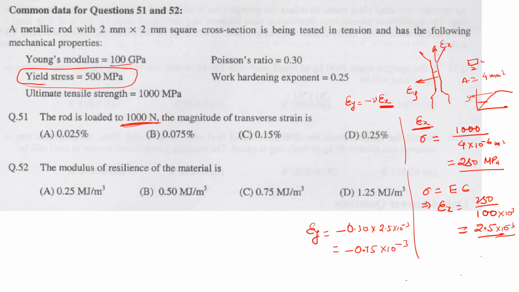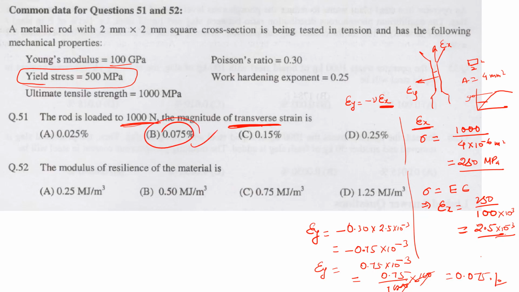Since it is already given that we need to find the strain in the transverse direction, that means it will be negative, that is for sure. So epsilon y is nothing but 0.75 into 10 power minus 3. If you do the calculation in percentage, 0.75 by 1000 into 100, it will be nothing but 0.075 percent. So option B is the correct one.